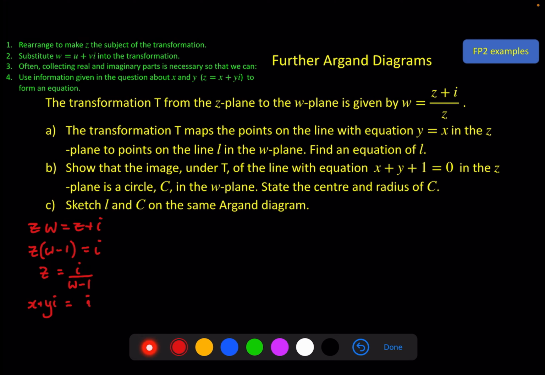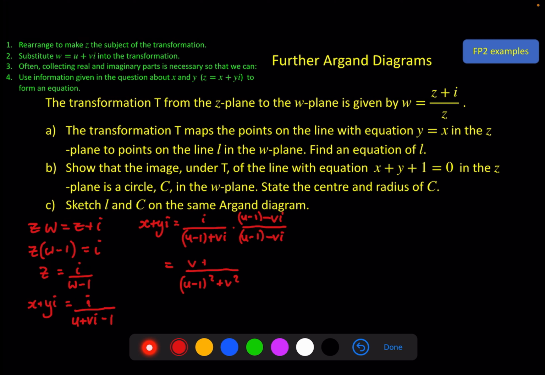So we're going to have i over u plus vi minus 1. Times top and bottom by u minus 1 minus vi, and that will give us on the bottom u minus 1 squared plus v squared, and on the top v for the real part and plus u minus 1 i for the imaginary part.